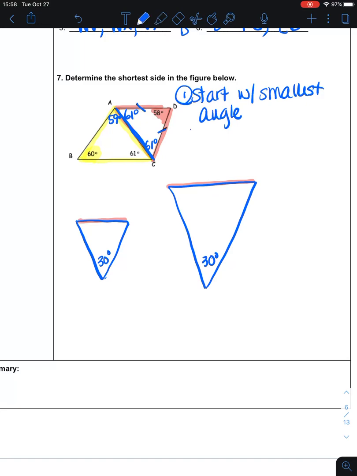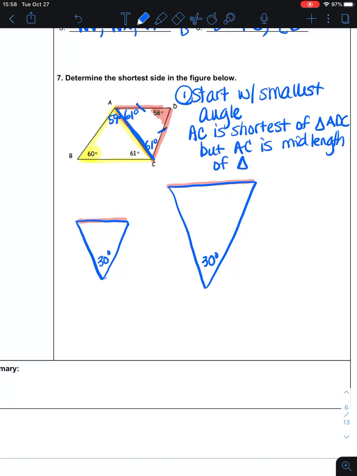It's not. Why? Because this 60 degrees is in the middle. So AC is the shortest of triangle ADC, but AC is the middle length of triangle ABC. So it is not the shortest in all of the picture.